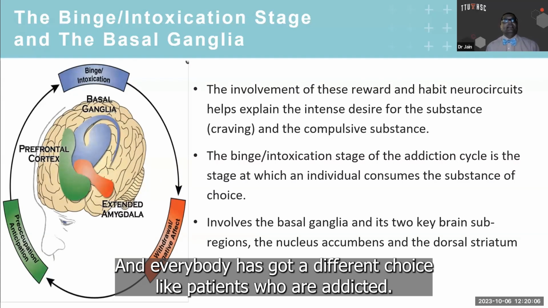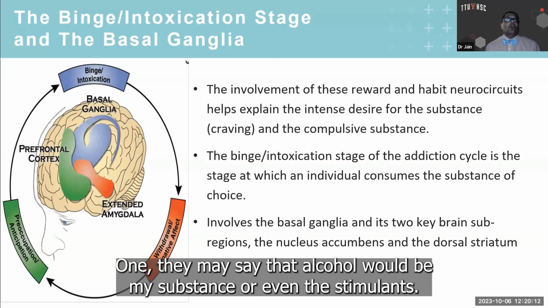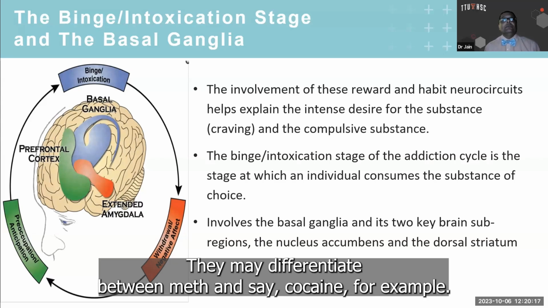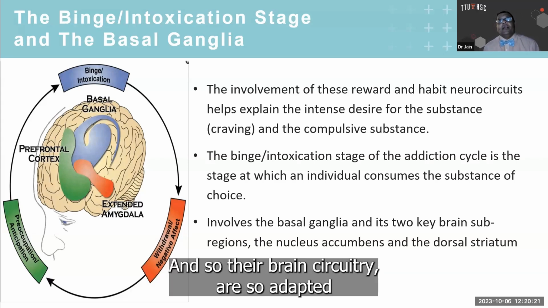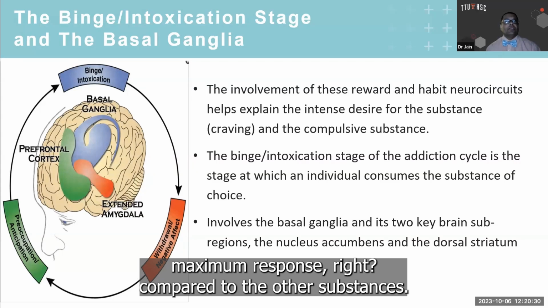Patients who are addicted will tell you what their substance of choice is. One may say alcohol will be my substance, or even among stimulants, they may differentiate between meth and, say, cocaine. And so their brain circuitry is so adapted that one of the substances gives them the maximum kick, maximum response, compared to the other substances.